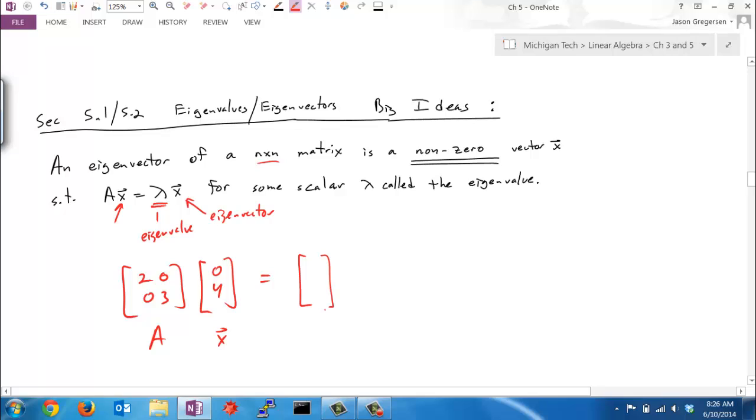What's the result here? Zero 12. Okay. I say, hey, wait a second, that looks kind of like x. In fact, it turns out it's just 3 times x. So the effect of multiplying that vector by this matrix is really the same effect as just taking it and multiplying by a number. That's actually kind of a special thing.